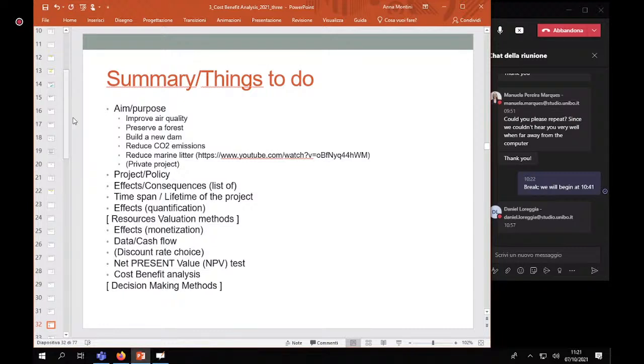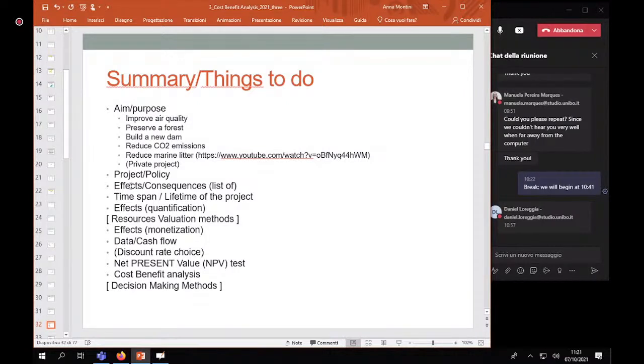Okay? For example, if I have a purpose to improve the air quality, to preserve a forest, or to build a new dam, or to reduce CO2 emissions, or to reduce marine litter, or if I have a private project, okay, I can have different aims, different purposes, okay.